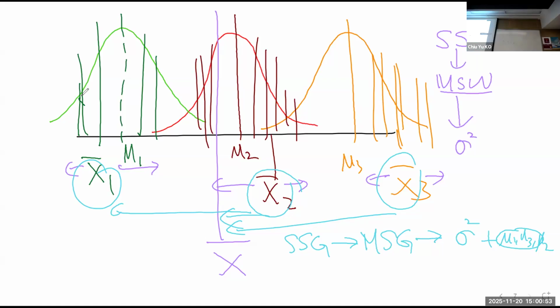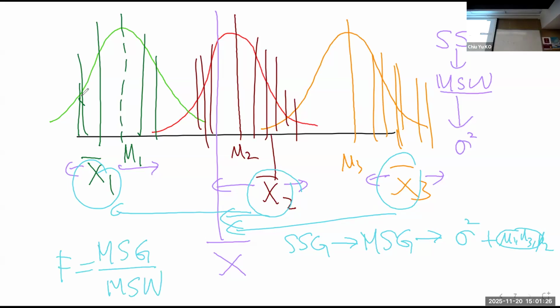And under the null, this second part is gone. So we want to compare this and this, right? The F test will tell you to compare variance. This variance should not be different from this one, right? So this F test is MSG over MSW. If the extra part is 0, then of course there's no difference between these two variances.